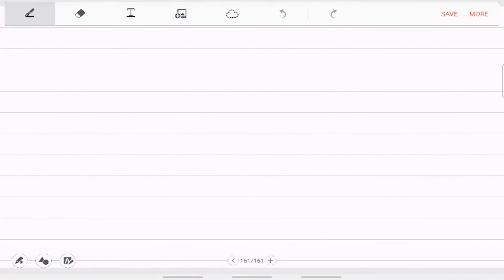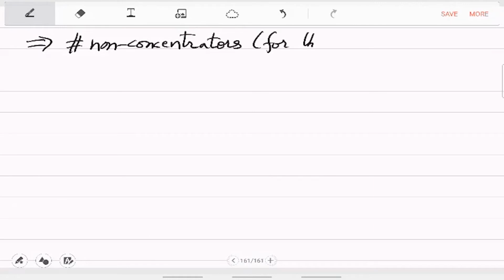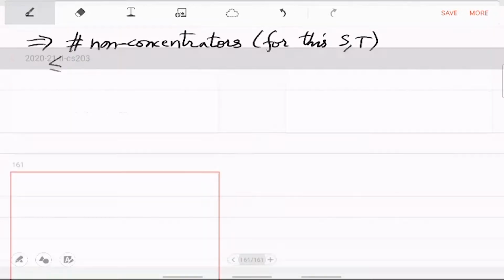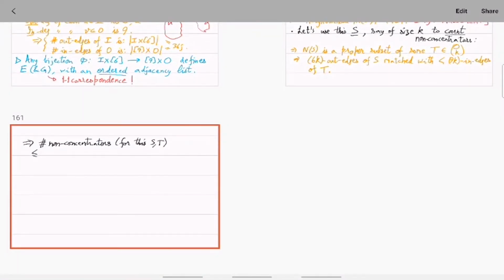So let's do that calculation. So this implies that the number of non-concentrators for this S and T is less than or equal to, so other than these 6k there is no condition, right?